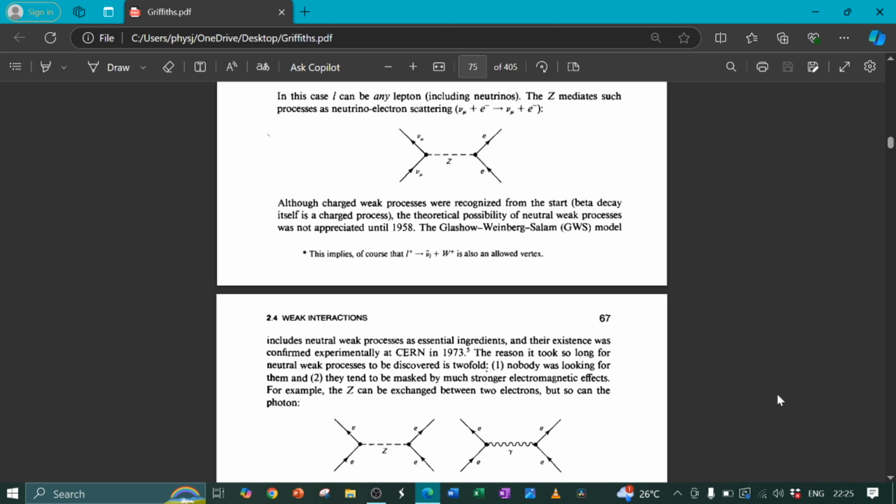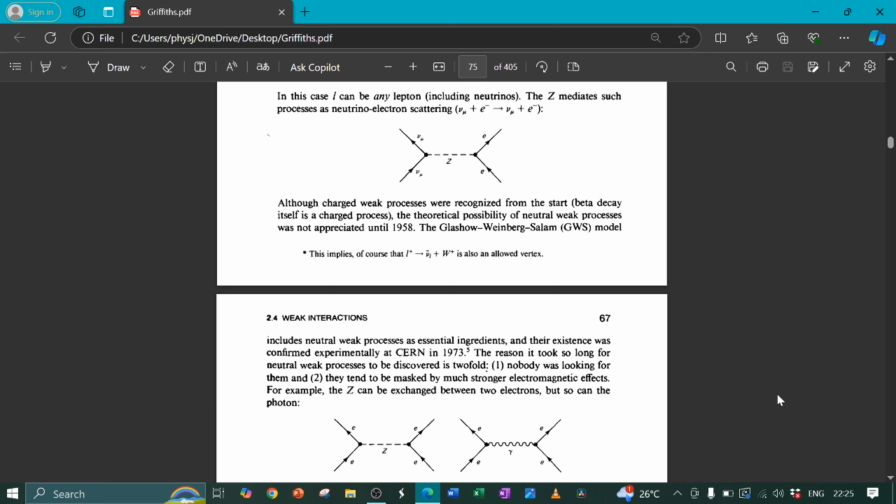The reason it took so long for neutral weak processes to be discovered is twofold. One, nobody was looking for them, and two, they tend to be masked by much stronger electromagnetic effects.